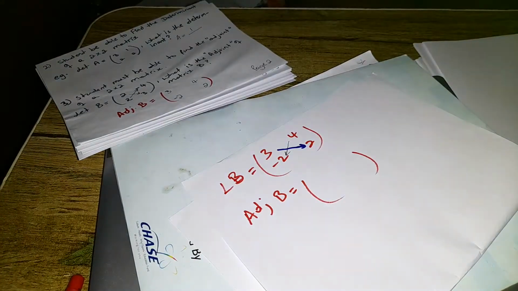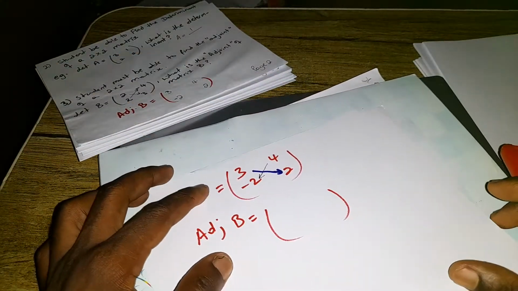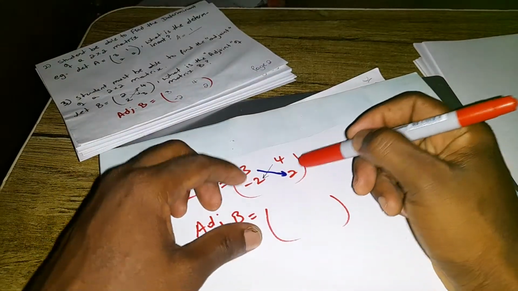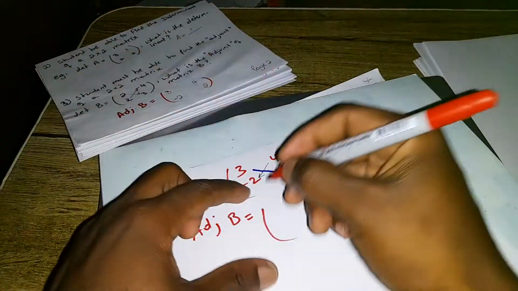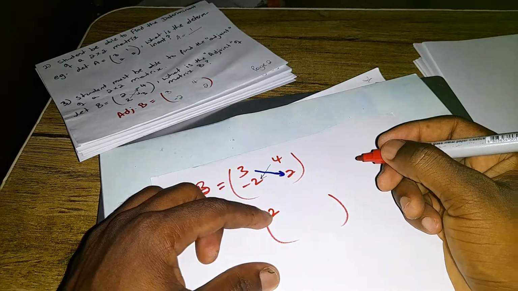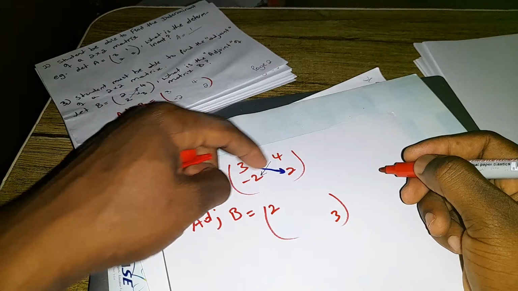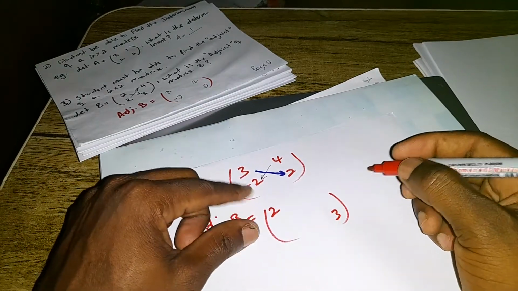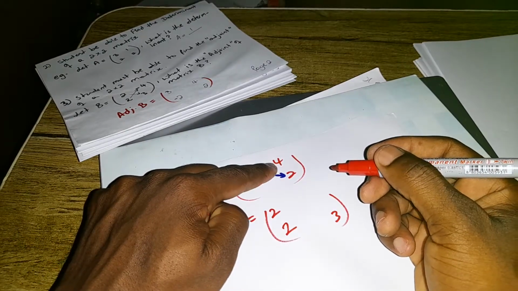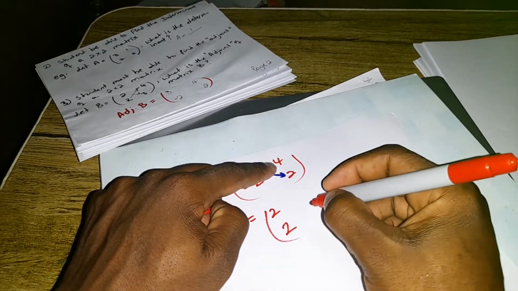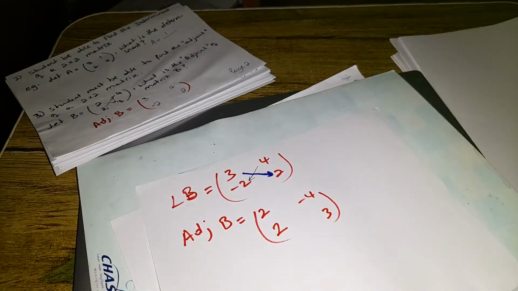For the leading diagonal, the elements in the leading diagonal, you interchange their positions, which means that 2 takes 3's space and 3 takes 2's space. It's done. Now for the non-leading, you change the sign. So if this is negative 2, it becomes positive 2. And if this is positive 4, it becomes negative 4. And that's it. That's the adjoint. As simple as that.